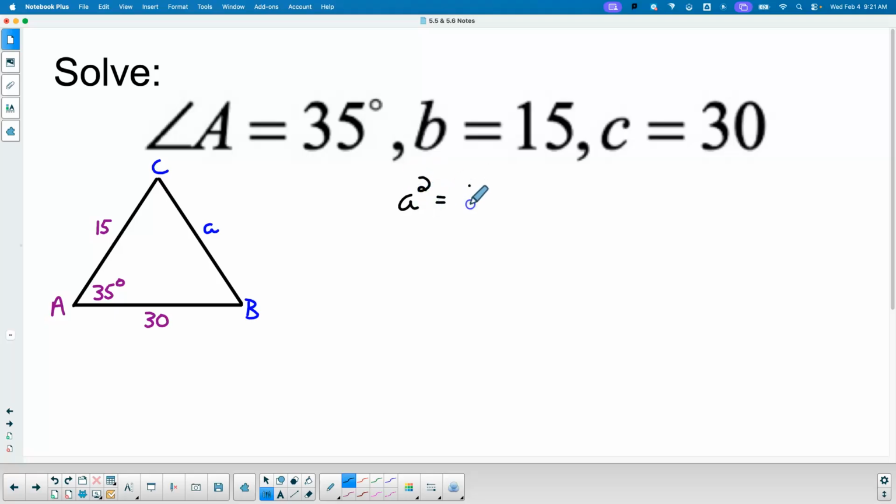A squared is equal to B squared plus C squared minus 2BC cosine of A. When you go to type it in your calculator, I strongly encourage you to add a set of parentheses around those. Okay?